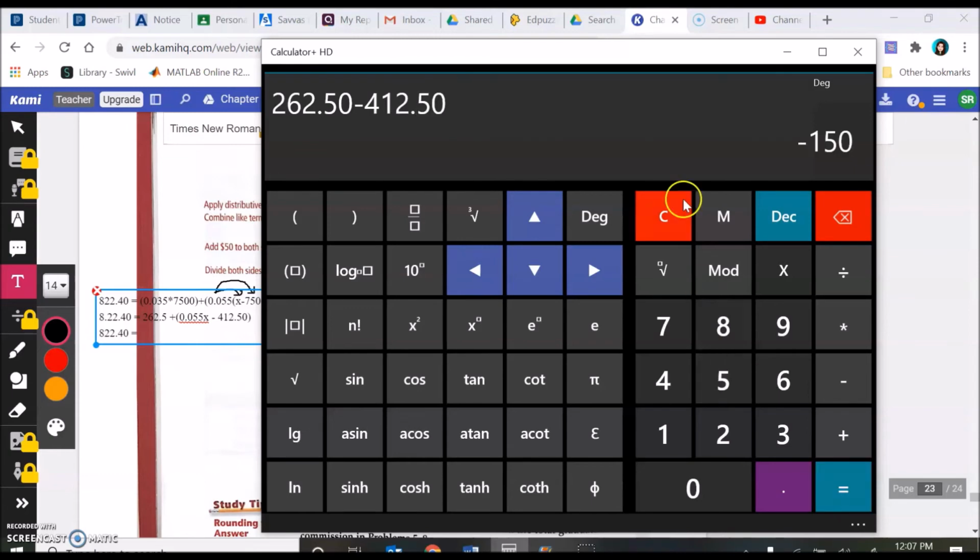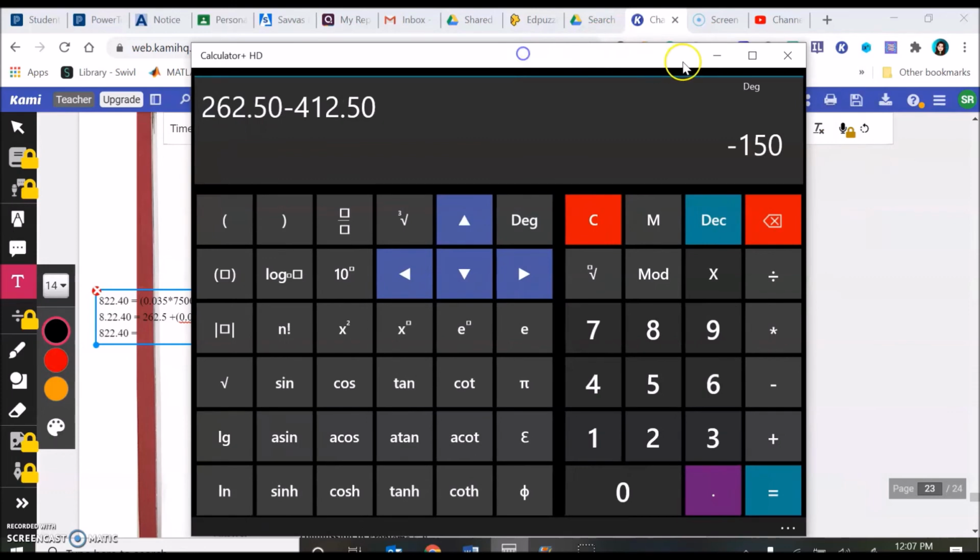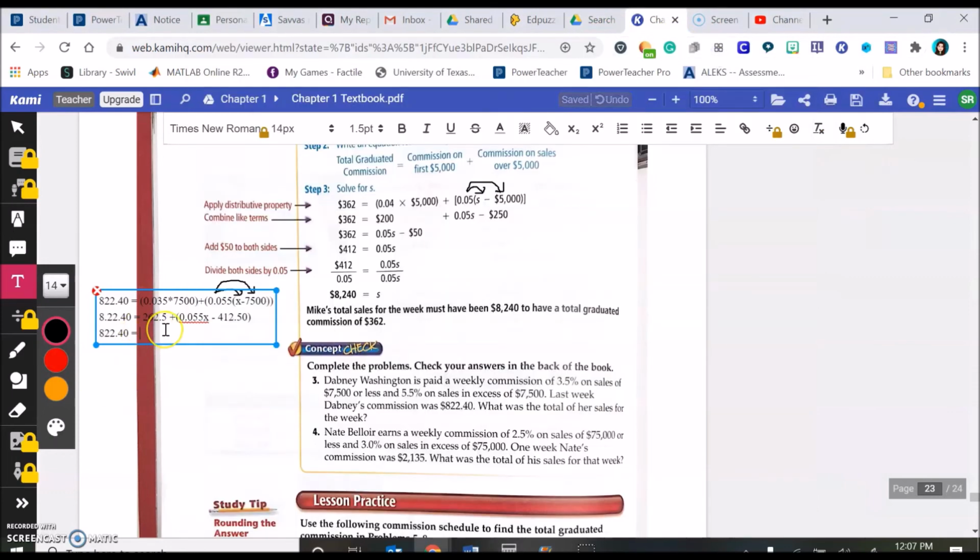You are going to get a negative number. In this case, it's negative 150. So it equals 0.055x minus 150. Then I'm going to add 150 to both sides.